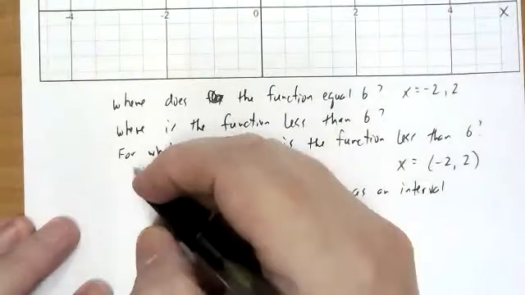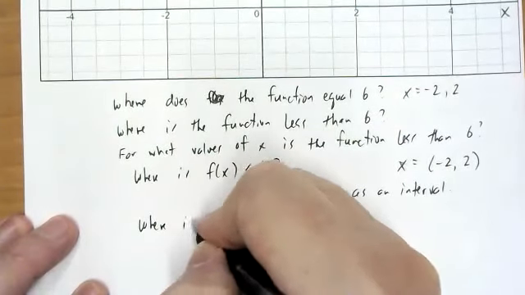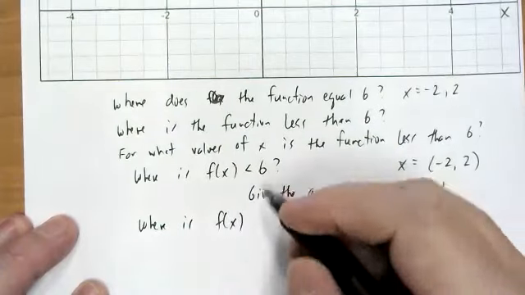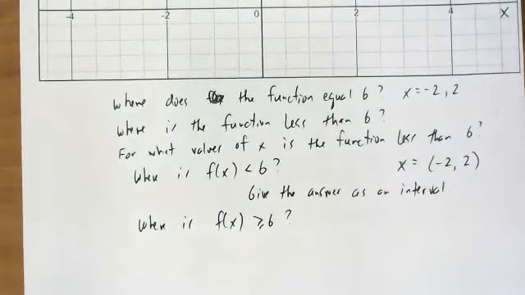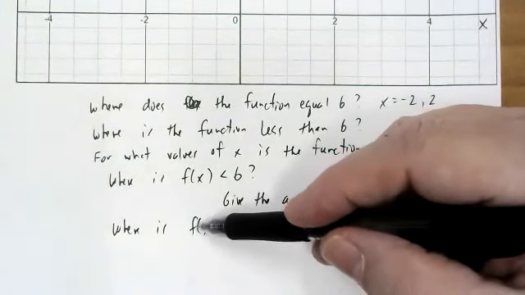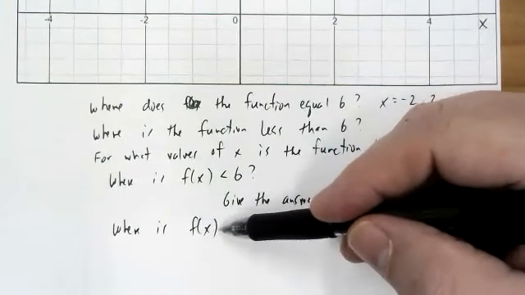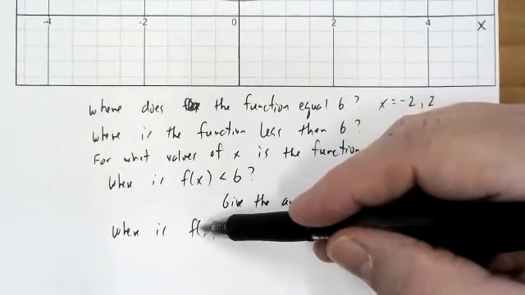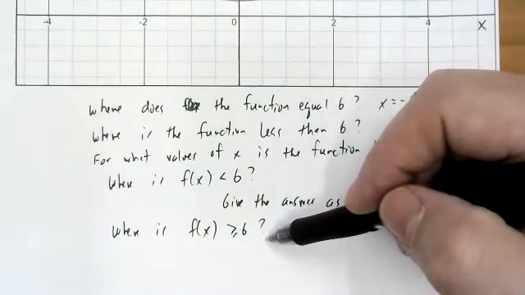Just for fun, let's do this. Where is f of x greater than or equal to 6? So first you look at what they're asking you, and then you go to the graph. What we're looking for is a solution.